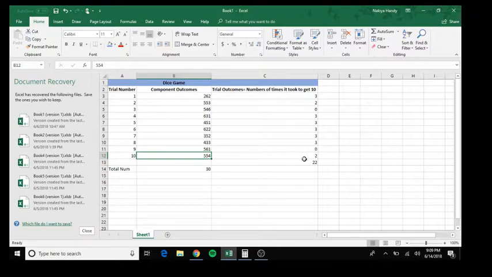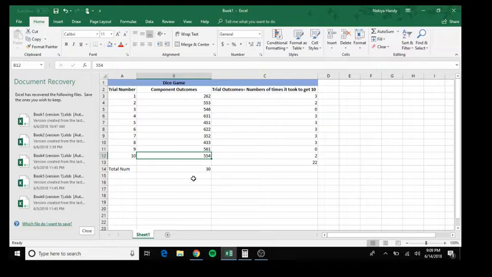And the rest of these are 3 because it took all 3 times to get number 10. So the total number that I got from all of this is 22.